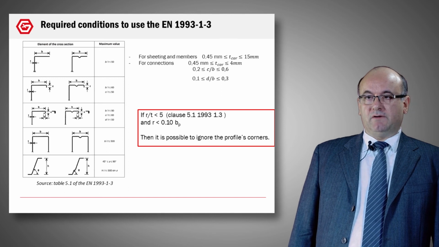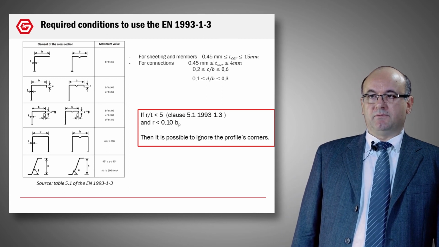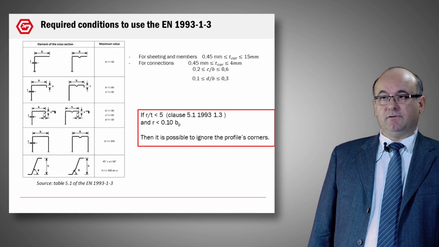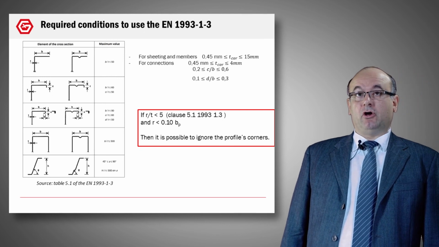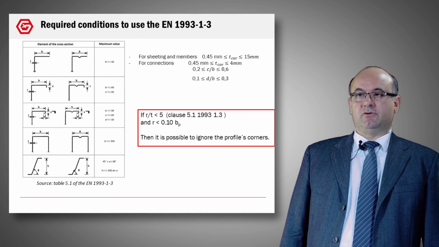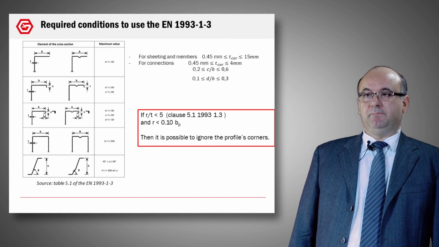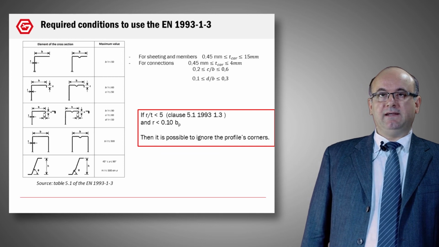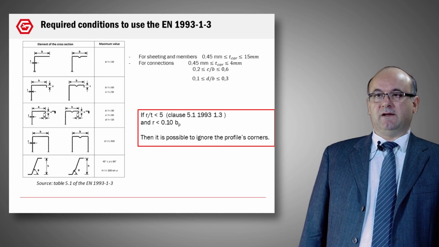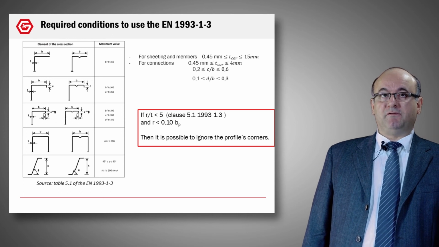For the web, you have another criterion in function of the degrees of pitch of the web. As I said before, you can take into account or not take into account a corner. If the radius of this corner divided by T is inferior to 5, and if the radius is inferior to 0.10 BP, in this case, you can neglect the corner when you design the profile, and the profile is assimilated to a sum of plate elements.